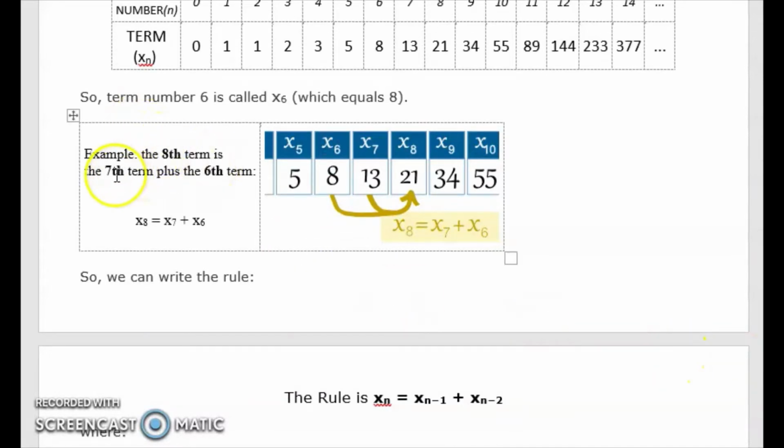The 8th term is the 7th term plus the 6th term. So we discussed this already a while ago. So to get the 8th term, x sub 8, we will just add the two previous numbers. So 8 plus 13 equals 29. So next to 55 is 34 plus 55. Okay?